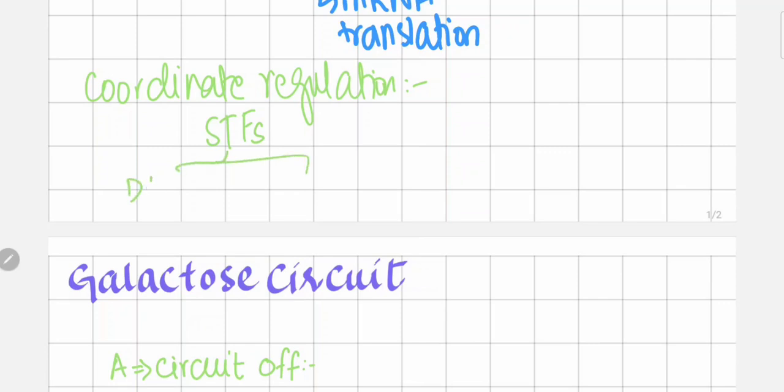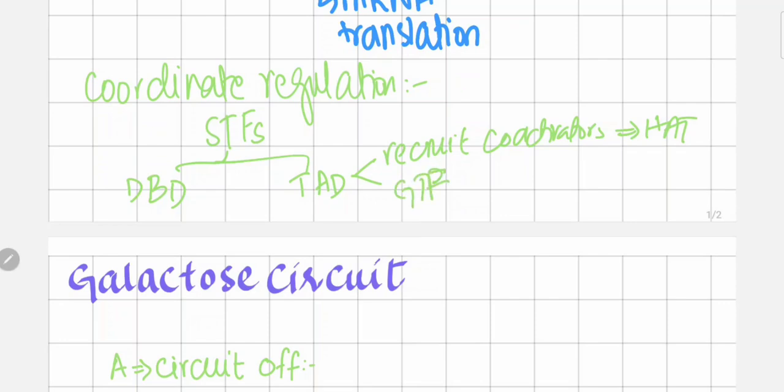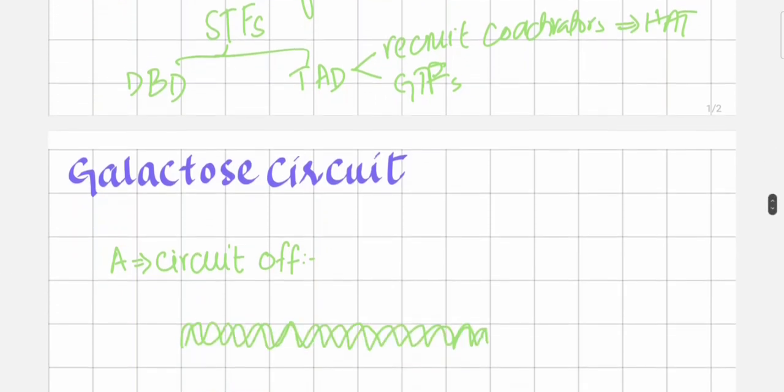One is the DNA binding domain, and the other is the transcription activation domain. This transcription activation domain is going to recruit co-activators such as HAT and general transcription factors, right? We already went through this topic before in the previous video.